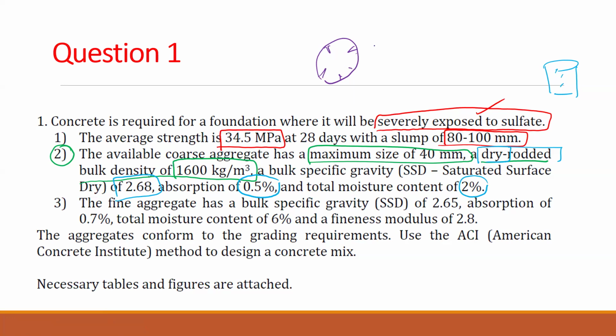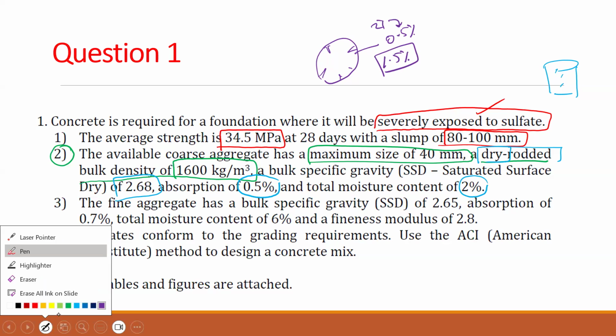So 0.5% of water in the aggregates is inside the pores and can't contribute to the hydration process. Hydration means the reaction between the cement and the water. Out of this 2%, 0.5 is inside the pores and the other 1.5% can contribute to the hydration process. Is that clear?